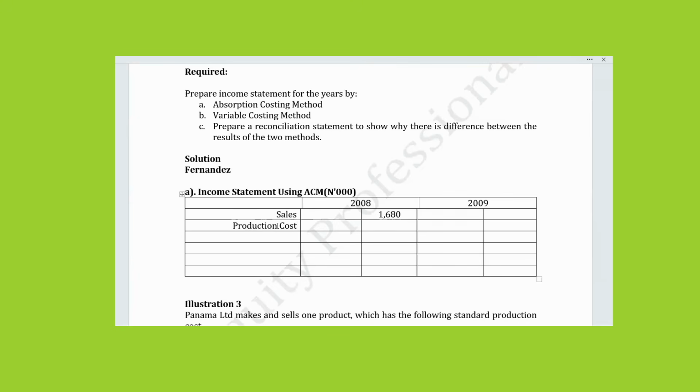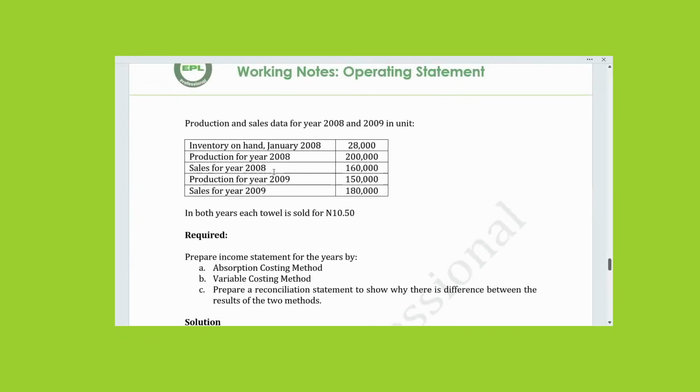Under the production cost, the first item will be opening stock. Before you write it down, you go to the question and check if you are given opening stock. Inventory on hand, that's opening stock, which is 28,000.